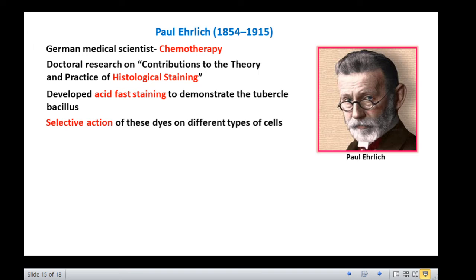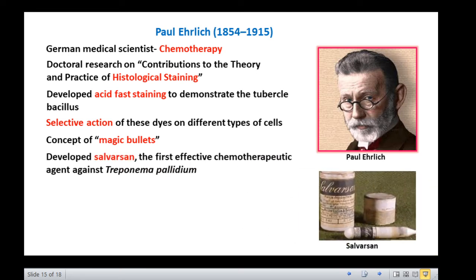He called these substances magic bullets. Little did he realize that it would be a 17-year-long journey before he would develop salvarsan, the first effective chemotherapeutic agent against Treponema pallidum, the causative agent of syphilis.